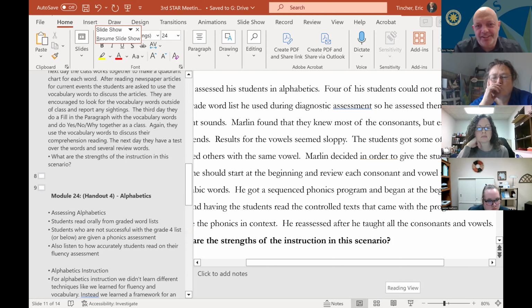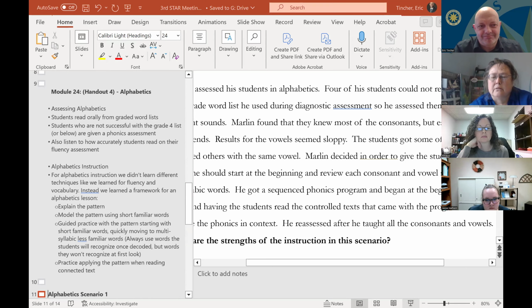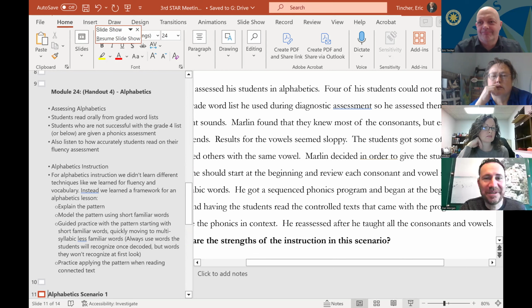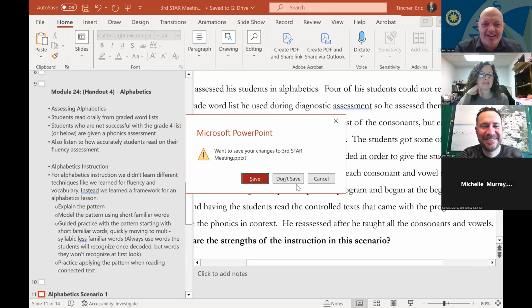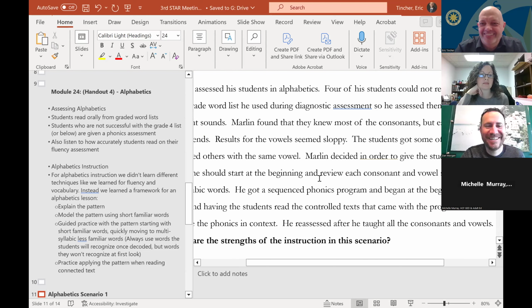Any suggestions? Does anybody know how to get rid of that sidebar, you guys? Try maybe just closing it and opening it again. That's what I thought. When in doubt, close it out. It's always scary.